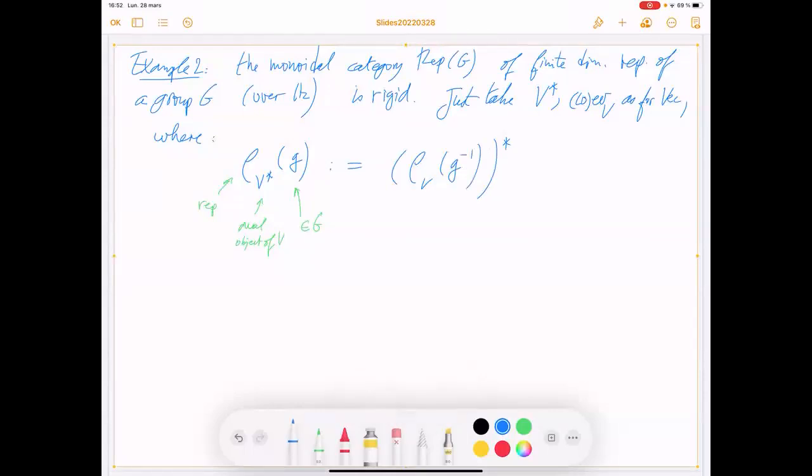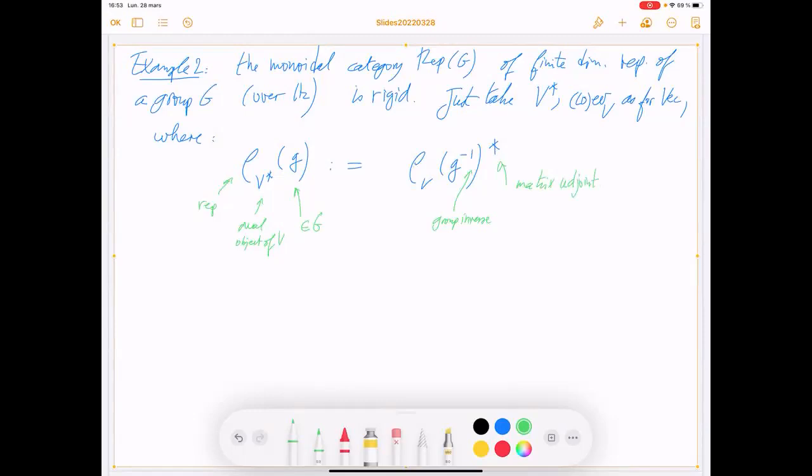So, the group inverse, and here the matrix adjoint.